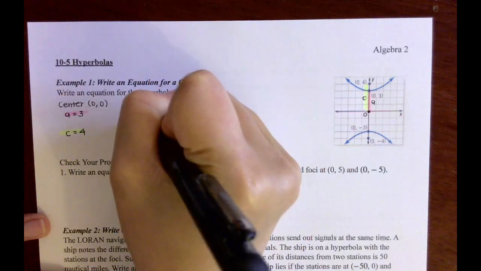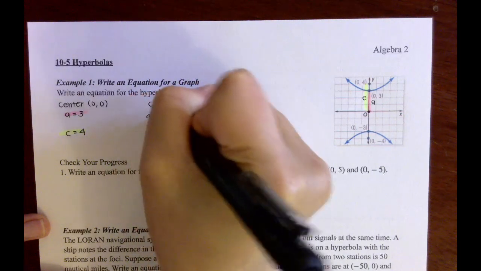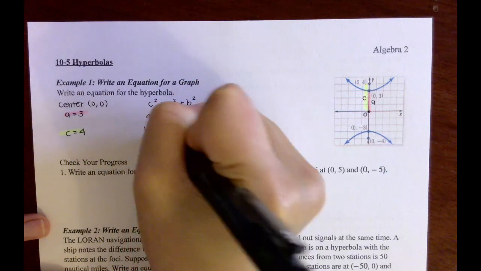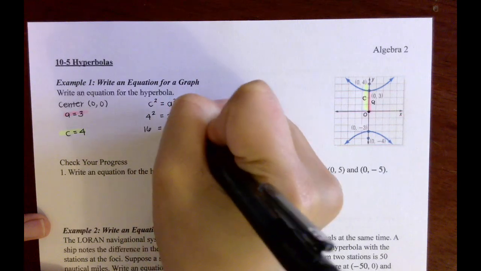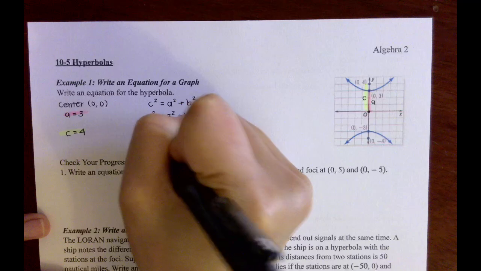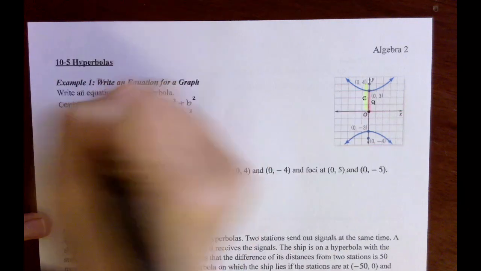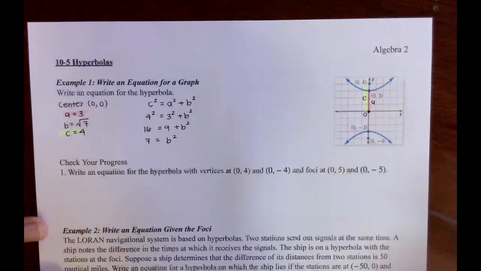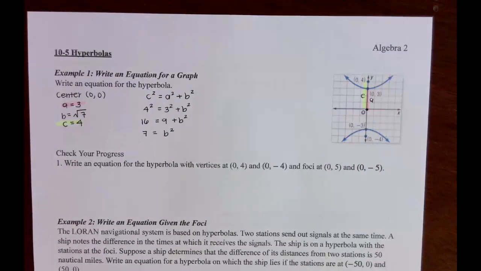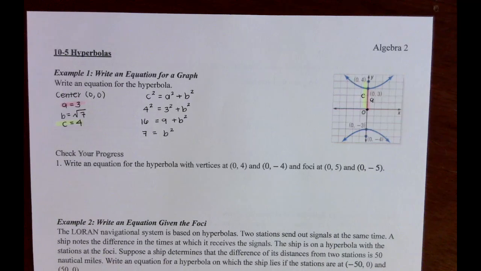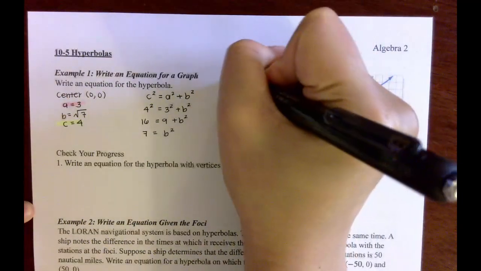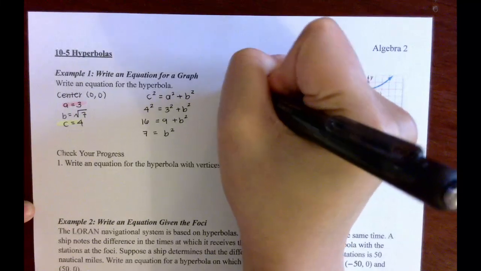So that means 4 squared equals 3 squared plus B squared. 4 squared is 16. 3 squared is 9. Subtract, this will give you 7. So 7 equals B squared, which is fine. If I really wanted to know what B is, that would be the square root of 7. But really I can start with just B squared. Okay, we're good? Okay, because it's vertical, that means that y squared is going to be first.